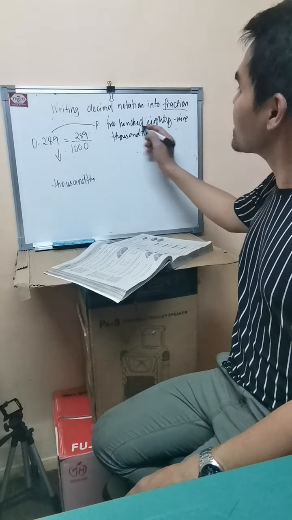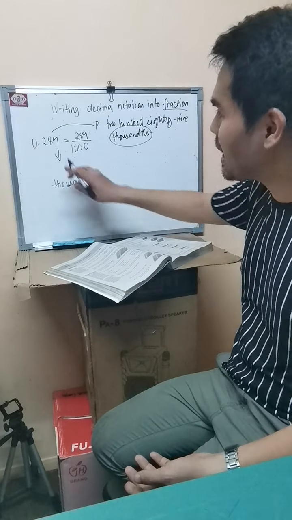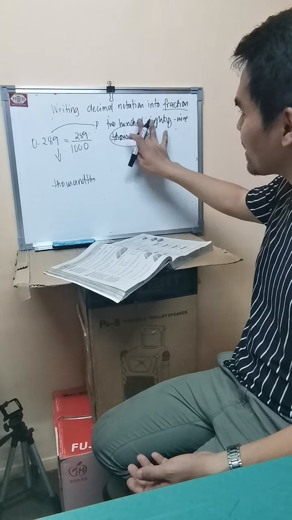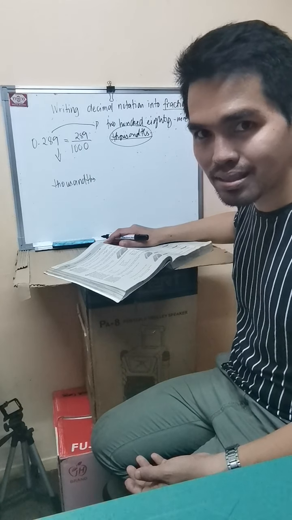Since in our decimal notation the last place value is in the thousands place, that's why this is its equivalent. And once it's written in fraction form, the denominator is also in thousands.